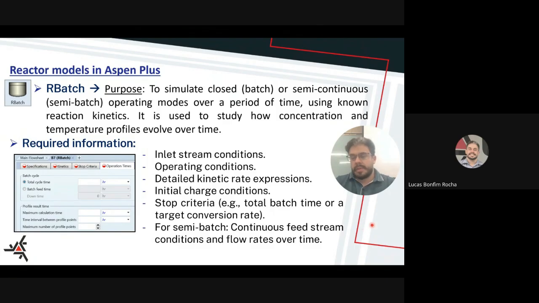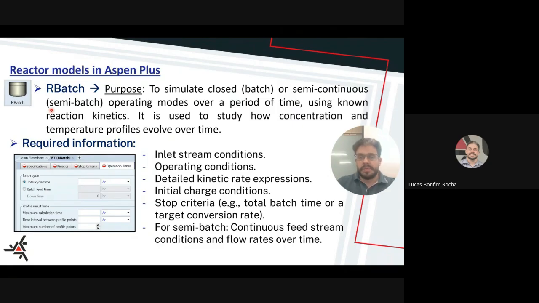But the semi-batch process is the process where you can insert some reactants in the reactor in the beginning, and we can insert other reactants or remove some products from the reactor along the time, considering that you are not feeding and removing at the same time. We are only feeding the reactor or we are only removing, so we have the same batch condition.